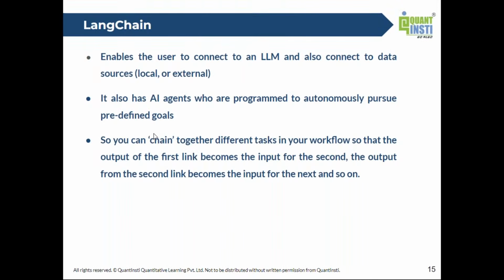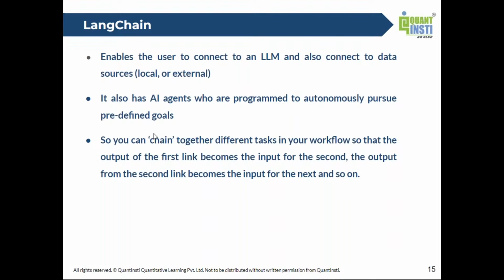So we saw what AutoGPT can do. Now, if we were to look at something like LangChain, what it does is it enables the user to connect to an LLM and also connect to data sources, right? So even AutoGPT kind of allows you to do that. LangChain works pretty well even in conjunction with something like an AutoGPT. So here also you have AI agents who pursue predefined goals.